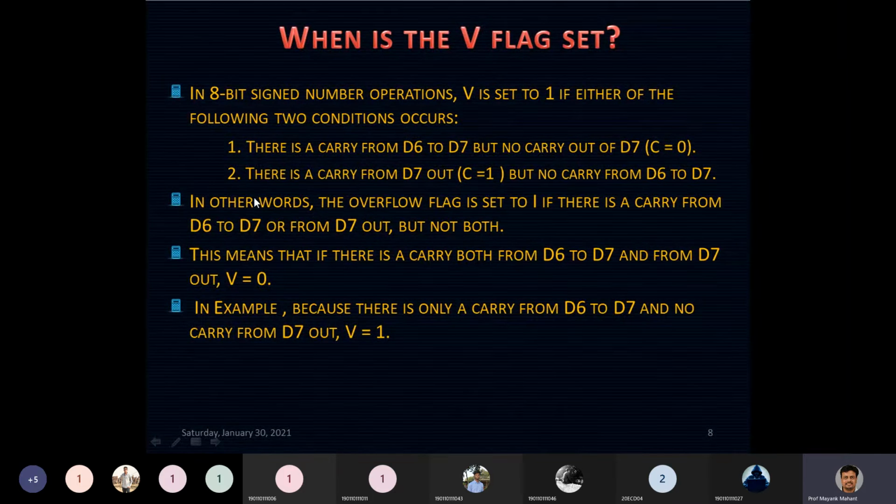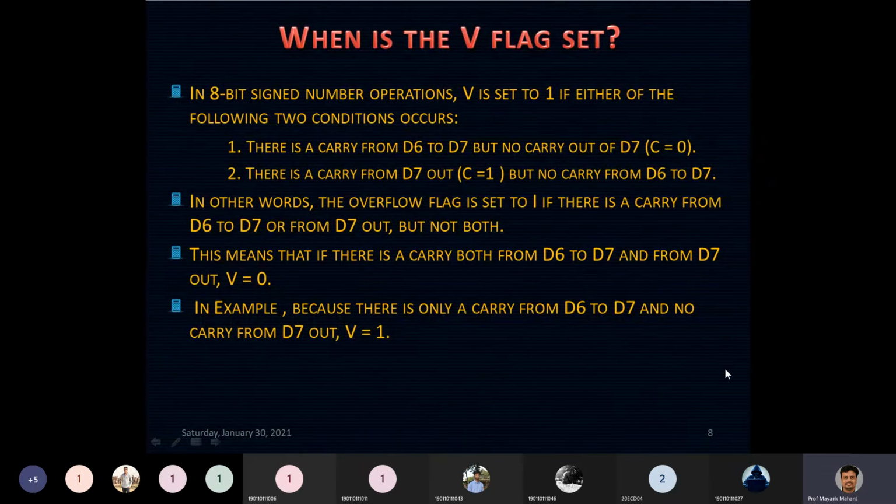This is the reason that tells you there is an error. The second condition is that there is a carry from D7 out to carry, but there is no carry from D6 to D7. If the carry is generated from D6 to D7, and again the carry is generated from D7 to carry, then you will find that the sign will not get altered.